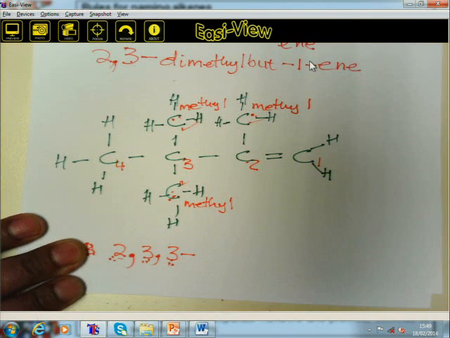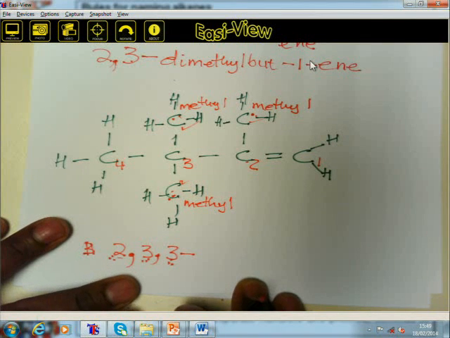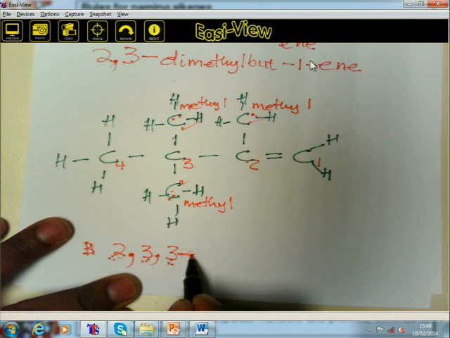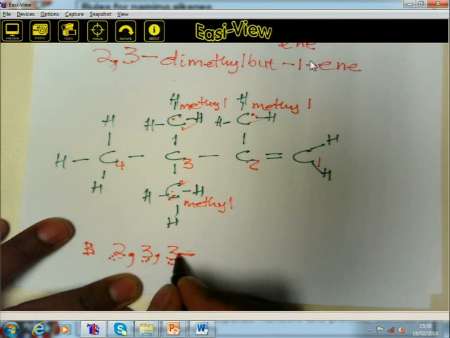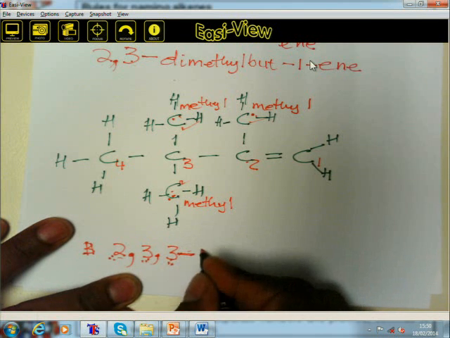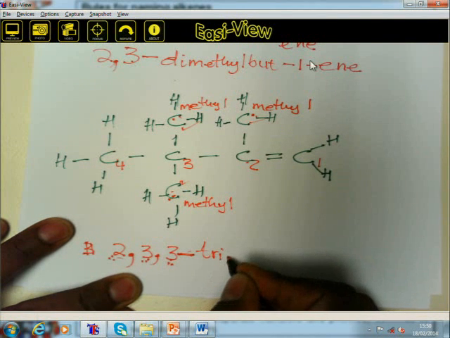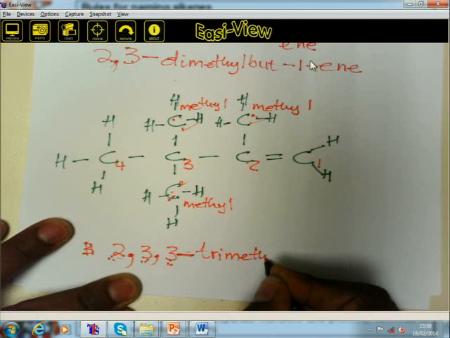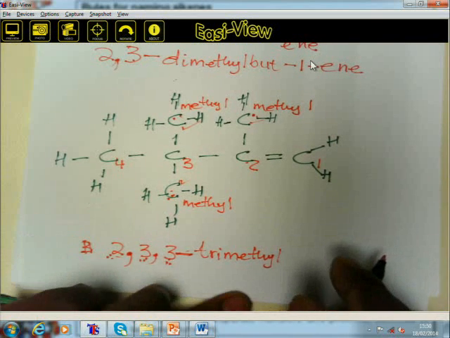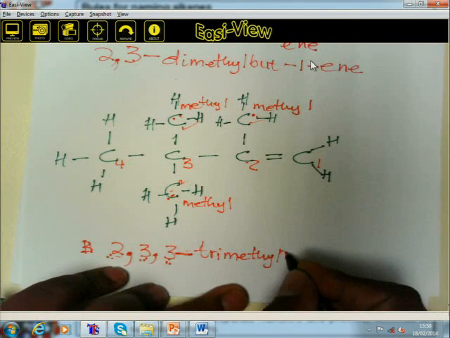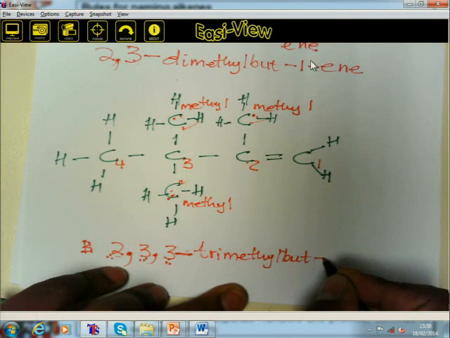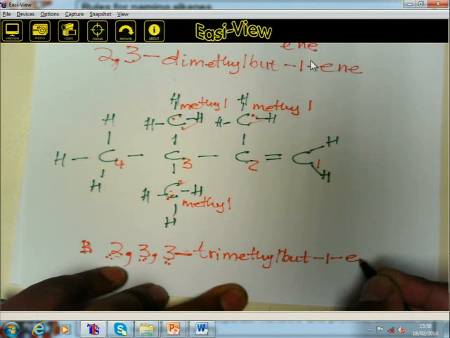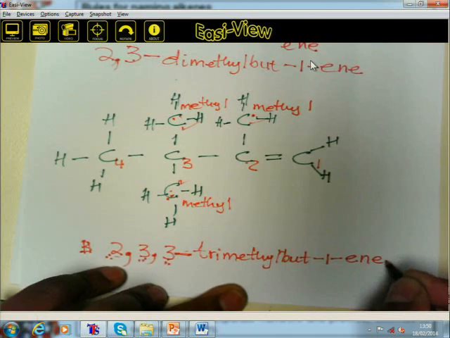Now I'm going to write the prefix. I must put a hyphen, a dash. There are 3 of them, so I'm going to use trimethyl, and then the long chain has 4 carbons. That's but. After carbon number 1, I've got a double bond, ene.